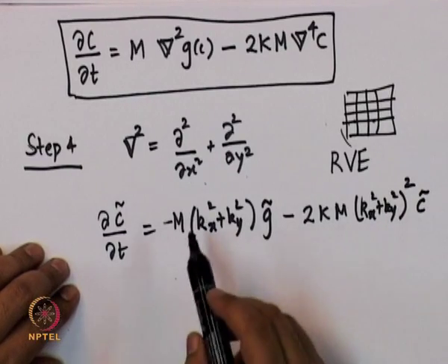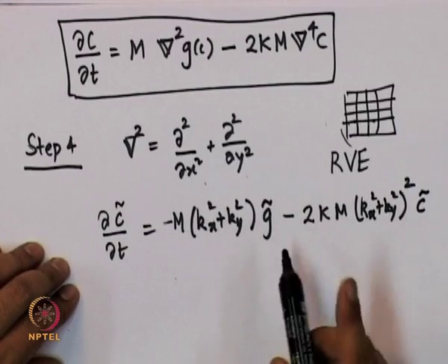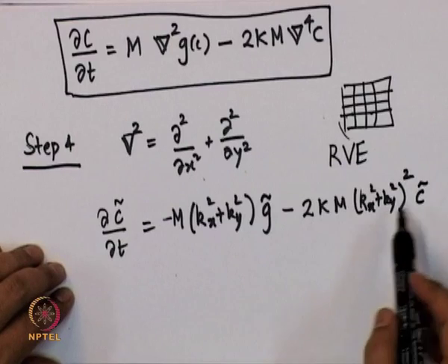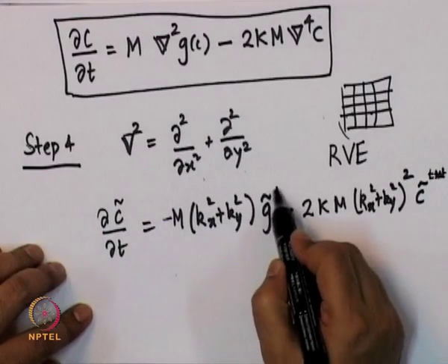We are also going to assume that kappa, m, a, everything to be 1 as usual, but for now let us say that this is at time t plus delta t and this is at time t.